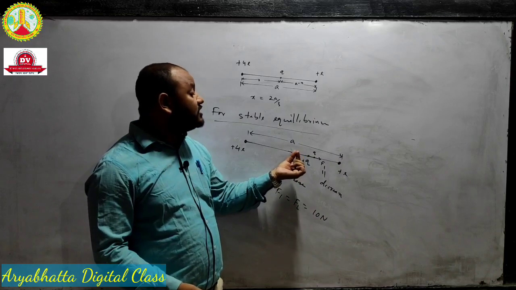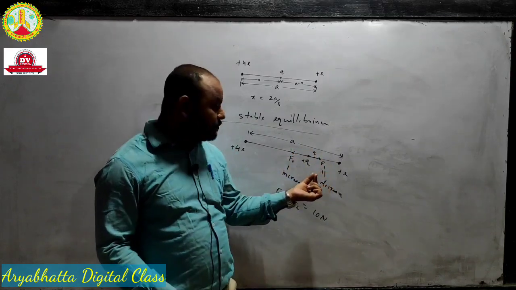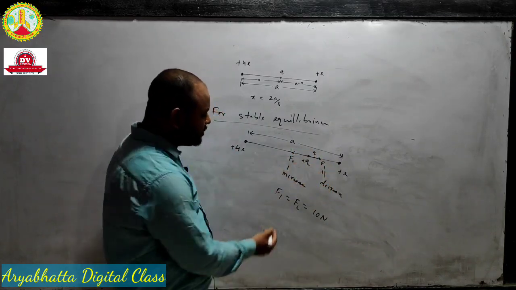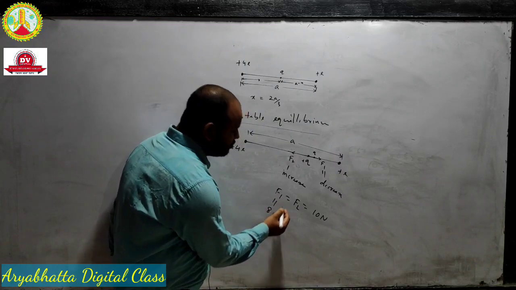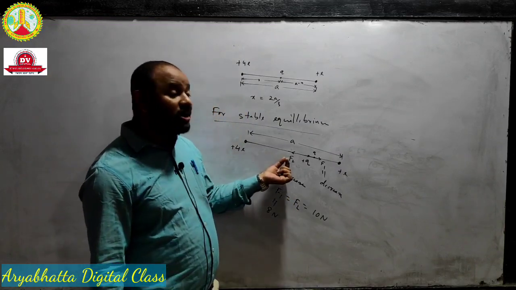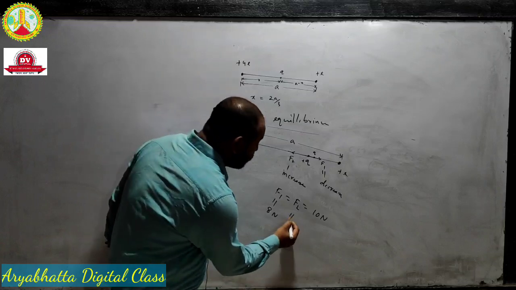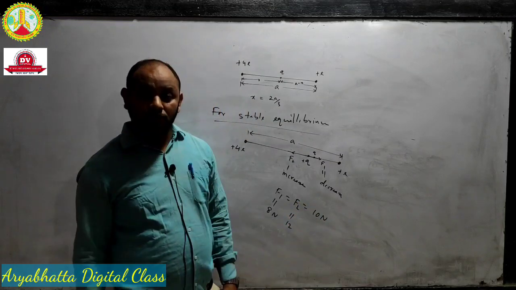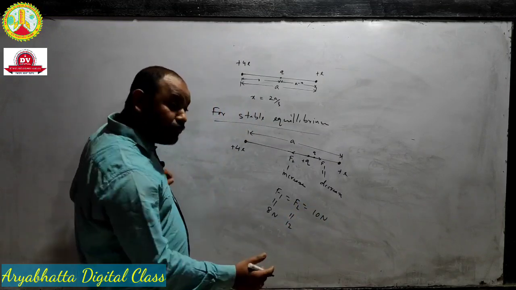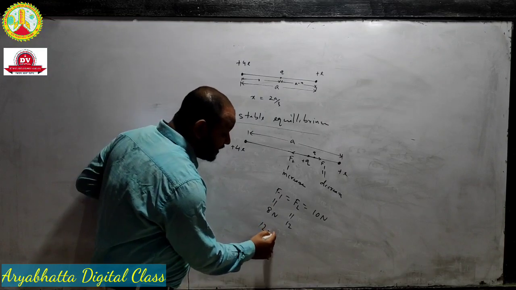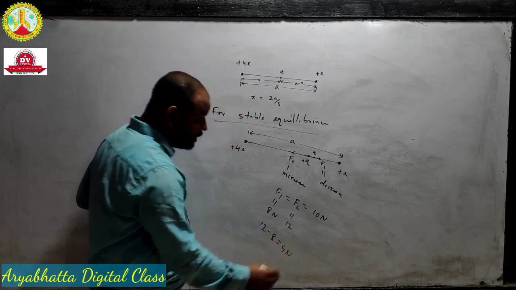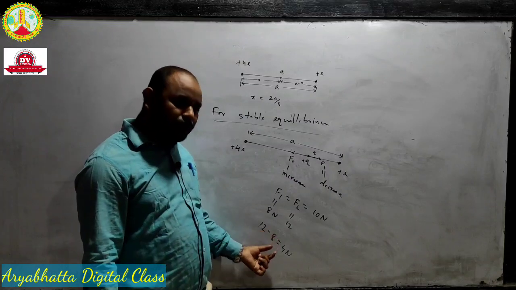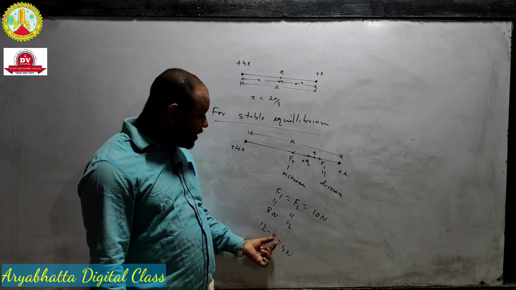If it is displaced towards right, F1 decreases, that means F1 becomes 8 Newton, and F2 increases, suppose it will be 12 Newton. Okay, there will be a net force. Net force 12 minus 8 will be equal to 4 Newton. There will be a net force F2 minus F1.